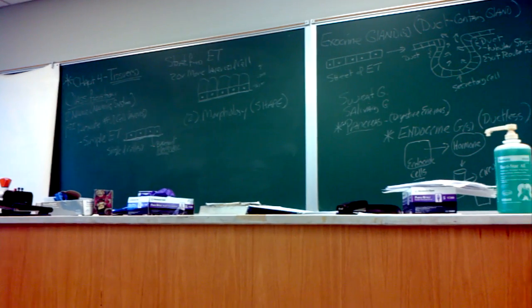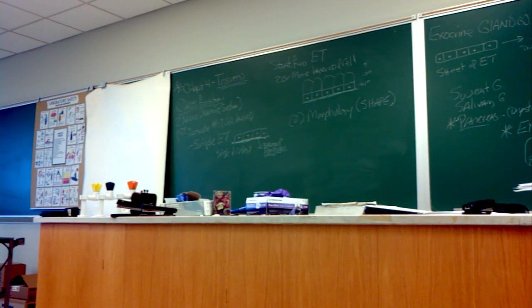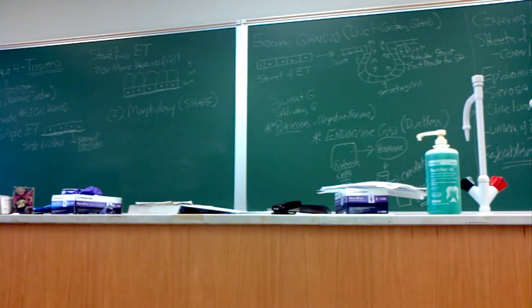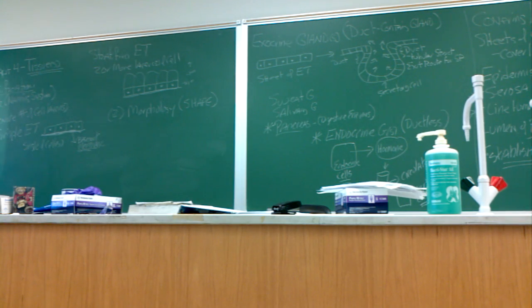Of these cells, we have what are called squamous cells, cuboidal shaped cells, and the third type is called columnar shaped cells.